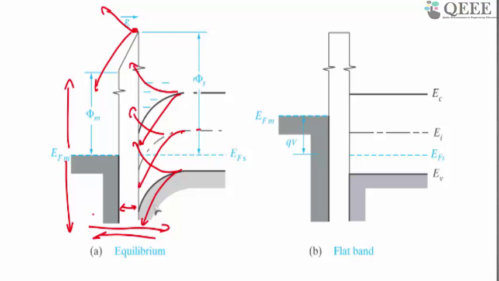That is why people call this a simpler device compared to a PN junction. In a PN junction, the moment you start applying the bias, your Fermi levels will be different and there will be a current in the system.